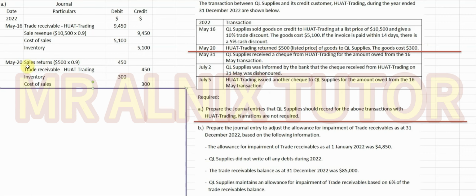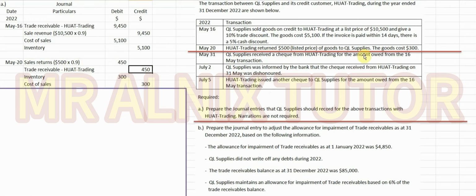Firstly, sales returns 500 must be times 0.9, because previously you gave them a 10% trade discount. That's why you return to them only 450 instead of 500 here. Do you get it? So our double entry is debit your sales returns, credit your trade receivable.